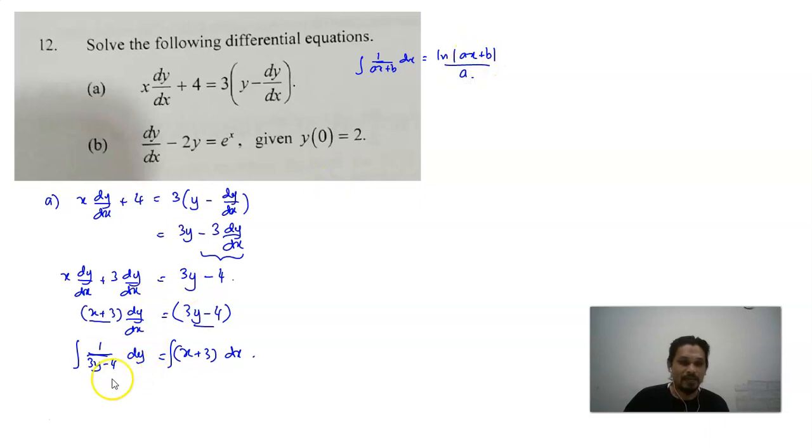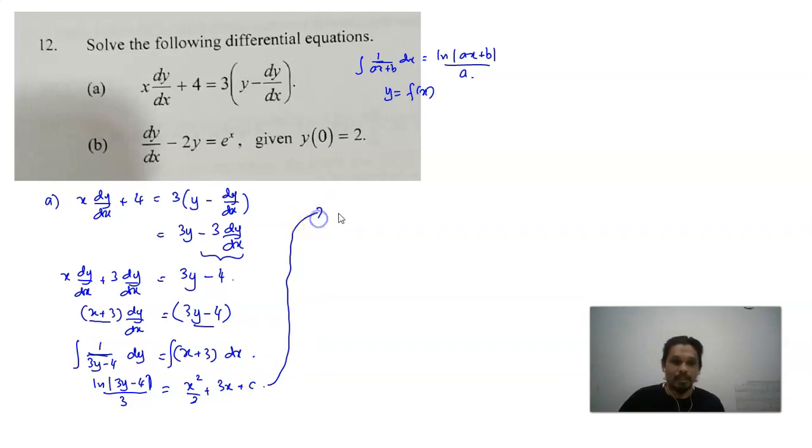So now it is natural log of 3y minus 4 divided by the derivative of 3y minus 4, which is 3, equals x squared over 2 plus 3x plus c. For question A here, we are going to come up with the equation of y equals f of x.